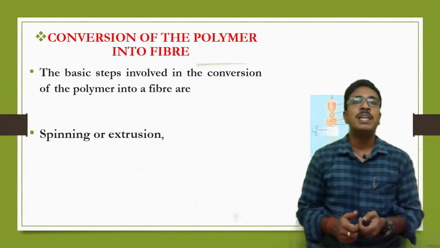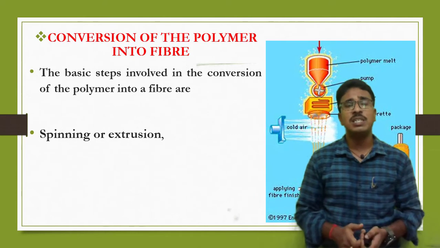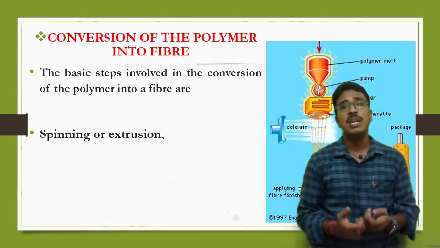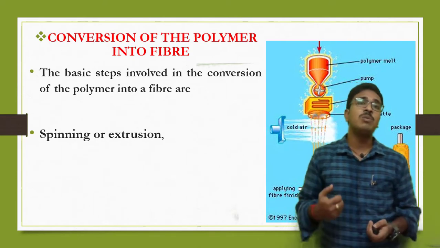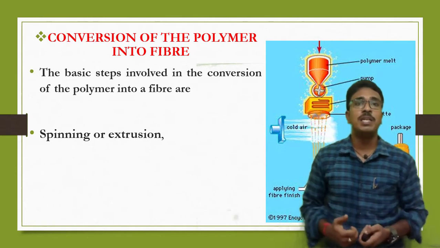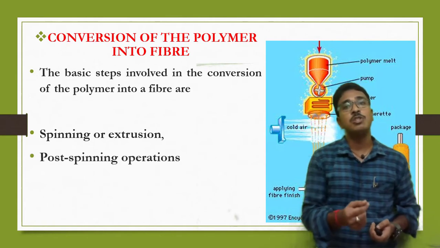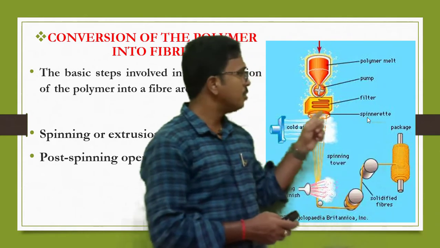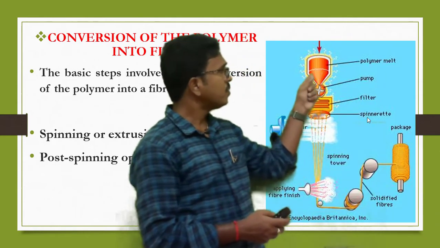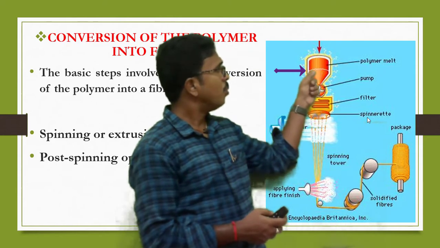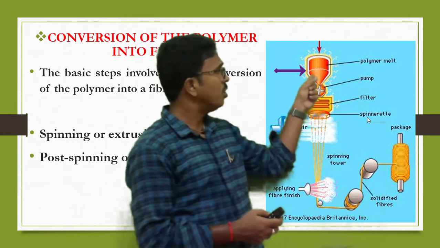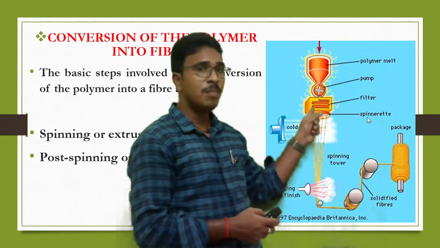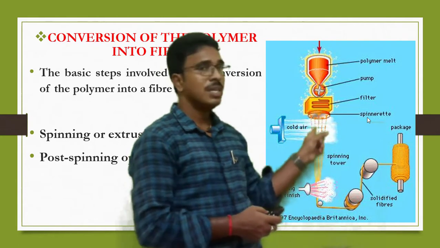Spinning itself is not sufficient. After spinning, we have to carry out certain operations which we call post-spinning operations. Now here you can see in this image, the polymer is melted and we produce continuous lengths of yarns.